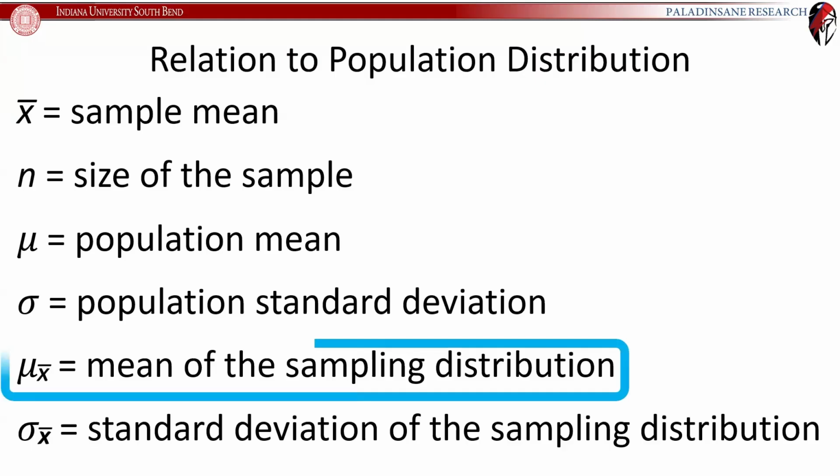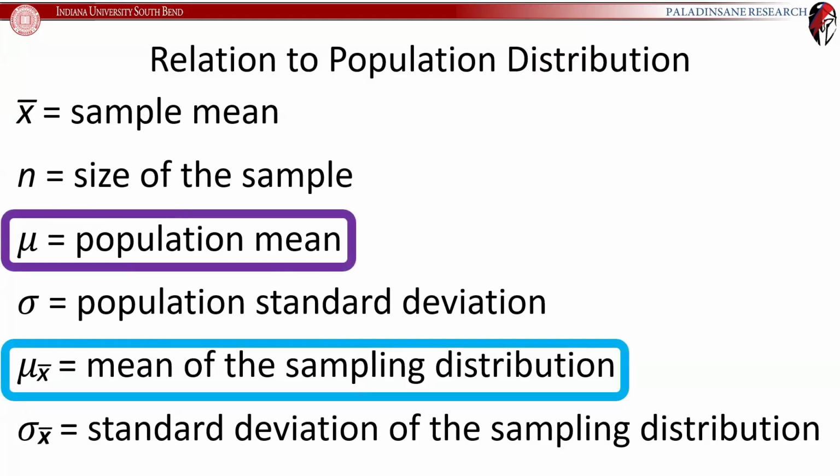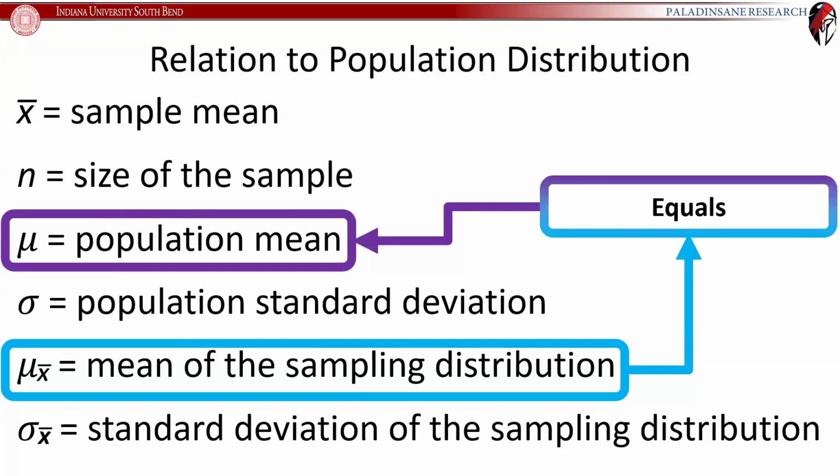What about the mean of the sampling distribution? What is its relation to the population distribution? Well, the mean of the sampling distribution is actually exactly equal to the population mean.